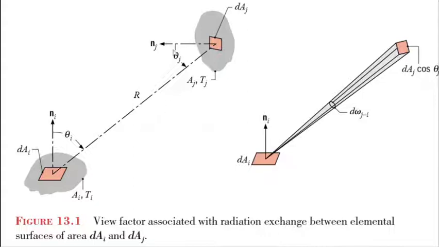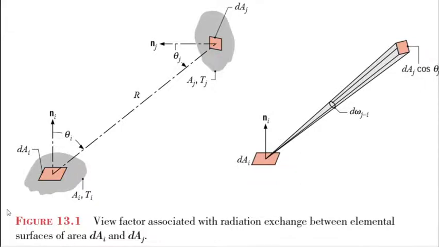The normal to this is Nj, and this is angle theta j. So dAj cos theta j is the one that is normal to this direction, and therefore dAj cos theta j divided by R squared will be your d omega ji. That is basically what I was trying to show you.